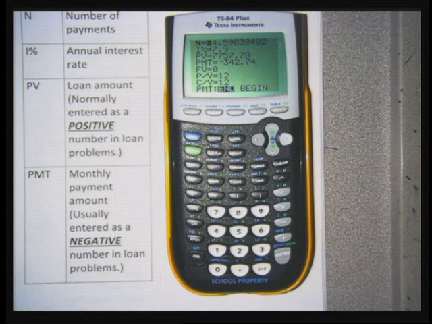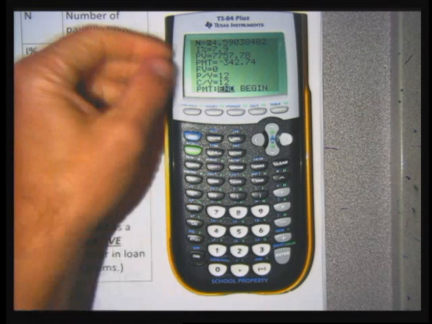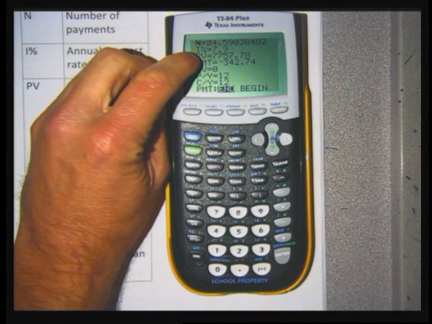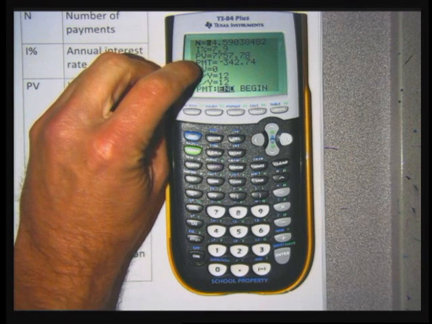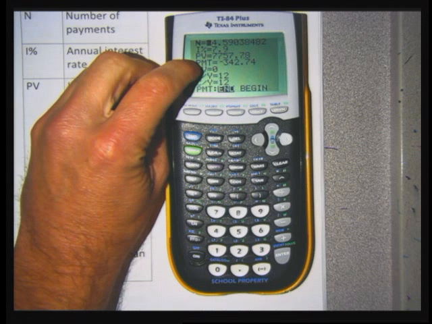You'll notice that my calculator, when I brought this screen up, has numbers in for each one of the variables. That's because I was using this to solve, I can envision the problem that I was solving just by the numbers in here. I imagine, because in a loan problem, PV is generally the loan amount and PMT is generally the payment amount.